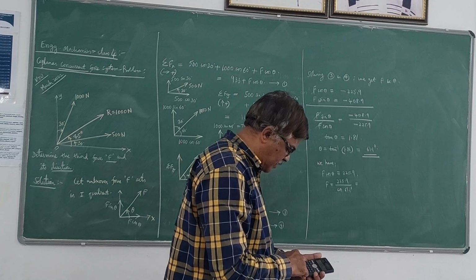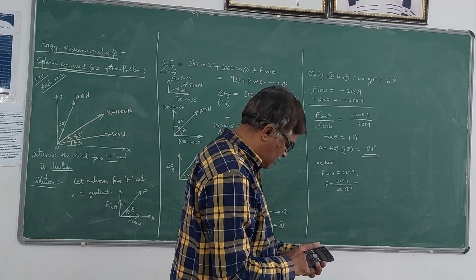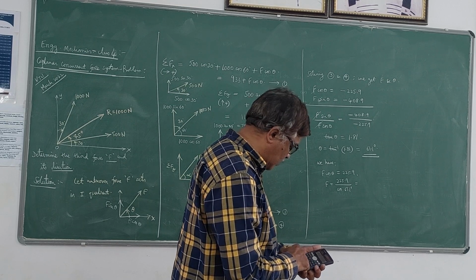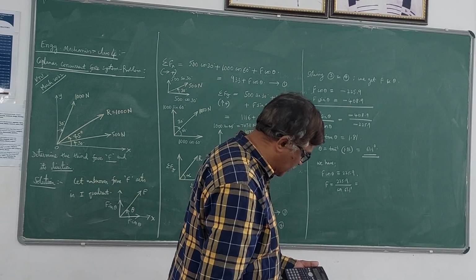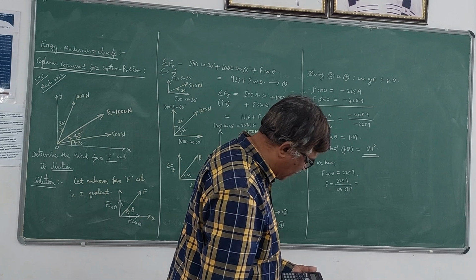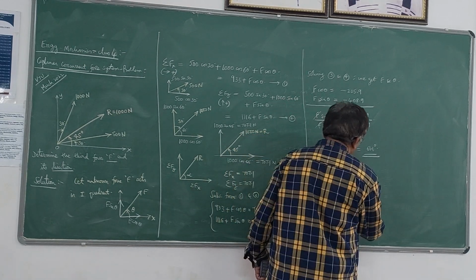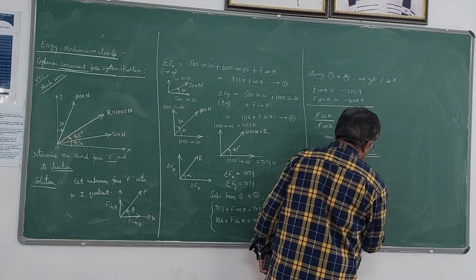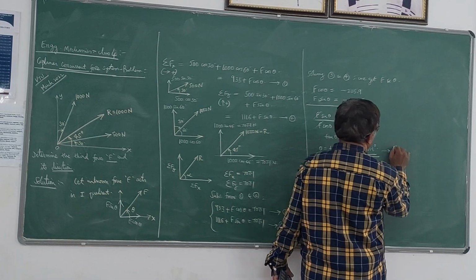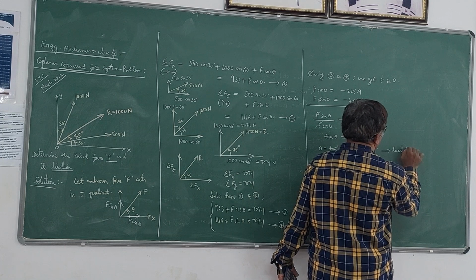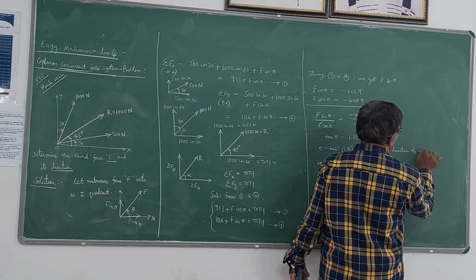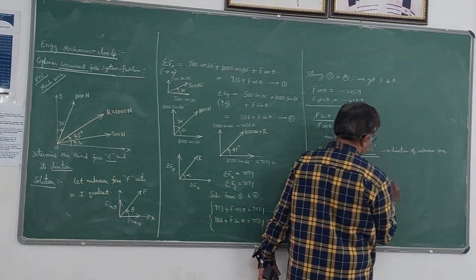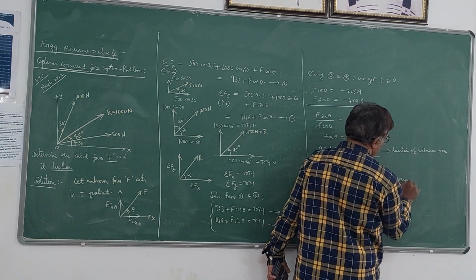The value of this will be 225.9 divided by cos 61.1, which is equal to 467.4 Newton. So this is the direction of the unknown force, and this is the magnitude of the unknown force.